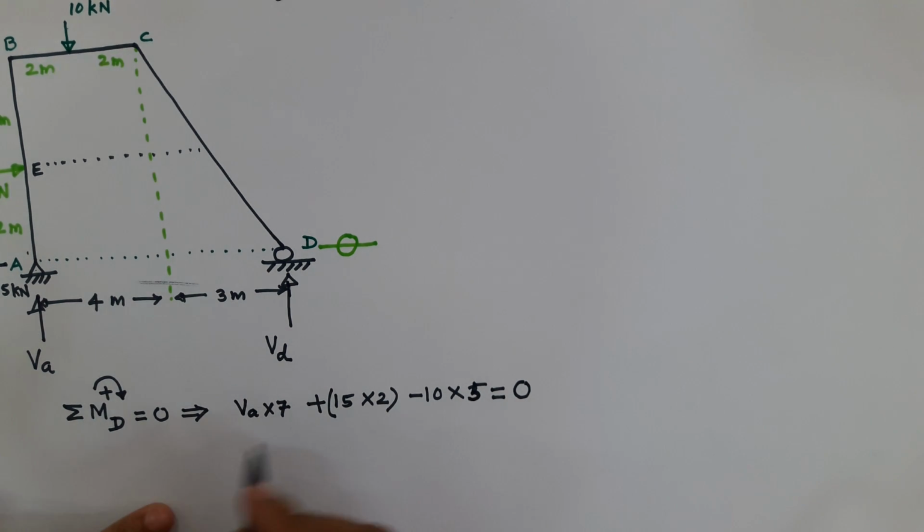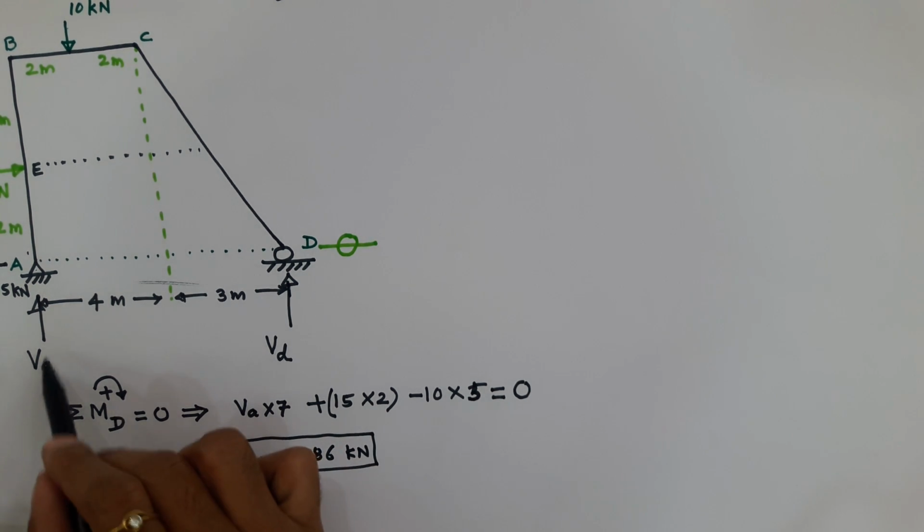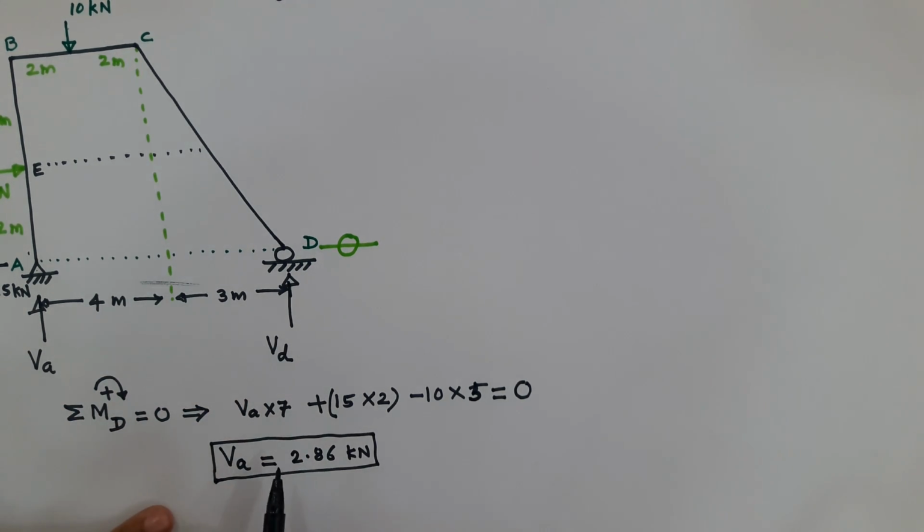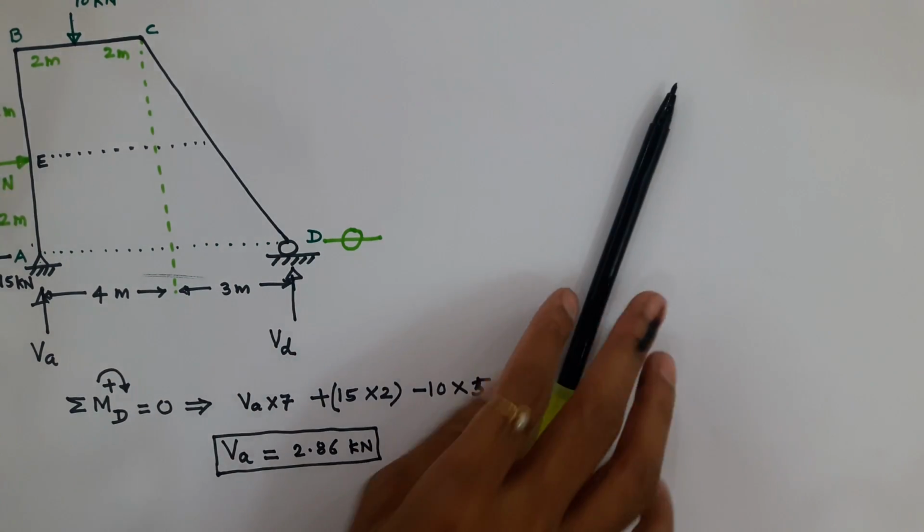So when we solve this equation, VA, that is vertical reaction at A, is 2.86 kilonewton. We assumed VA to be upwards initially and the answer came out to be positive. That means our assumption is correct.